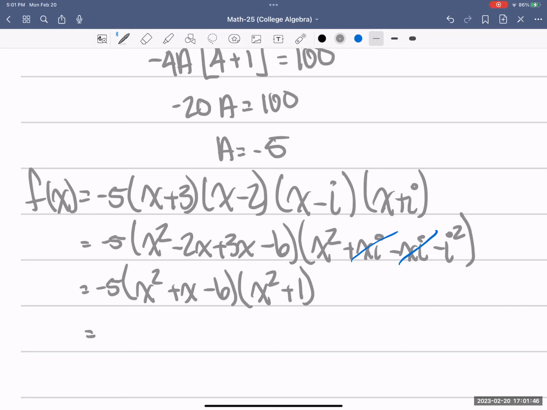And now we could just expand. Because I'm a little bit lazier, I'm going to expand this way. So x squared times x squared here and here. Still going to keep it in parentheses though, because we have to multiply that -5 at the end. That's going to be x to the power 4 plus x cubed minus 6x squared. And then all of that times 1, so plus x squared plus x minus 6.